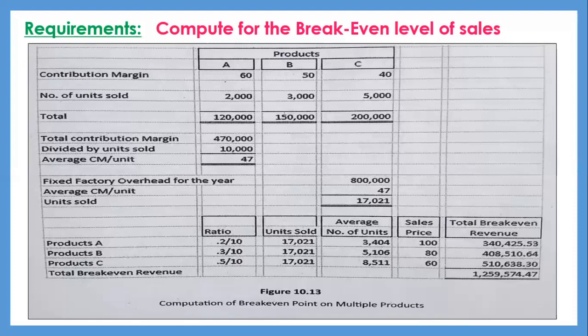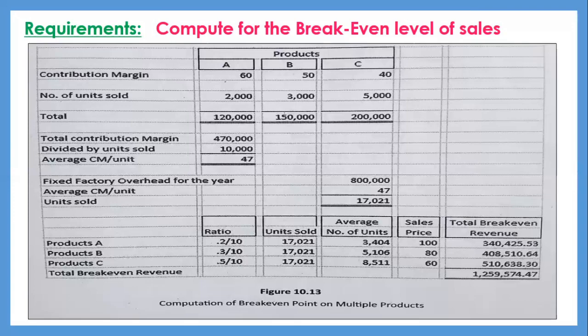And for product B, the total break-even revenue is 408,510 pesos and 64 cents. And for product C, that would be 510,638 pesos and 30 cents. And therefore, the total break-even revenue is 1,259,574 pesos and 47 cents.